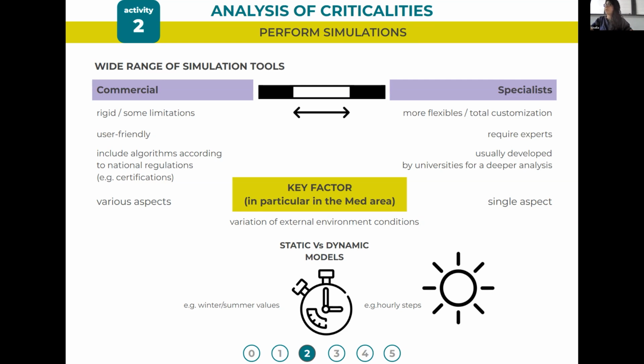Instead, dynamic models consent to acknowledge the variation of external environment conditions in a span of time that can be also referred to hours. And this is very important in the Mediterranean area because it consents us to consider the contribution of solar radiation and the changing of conditions across the day.